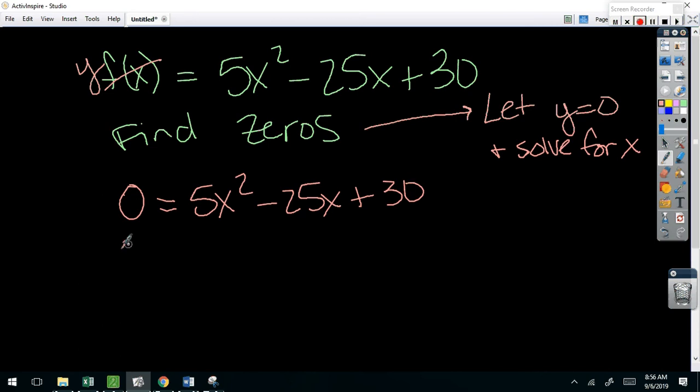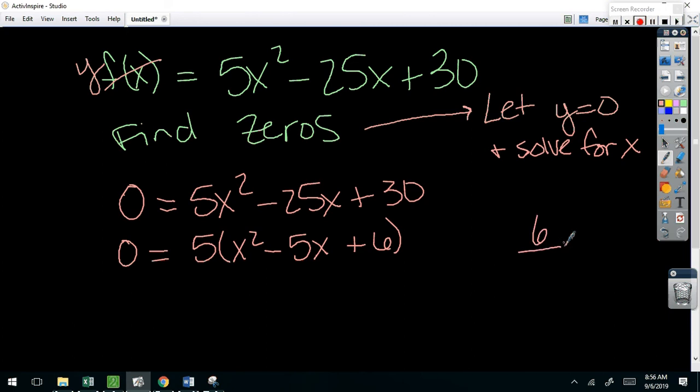You've got to take 5 out. What's left? What multiplies to 6 but adds to negative 5? Well, 3 times 2.